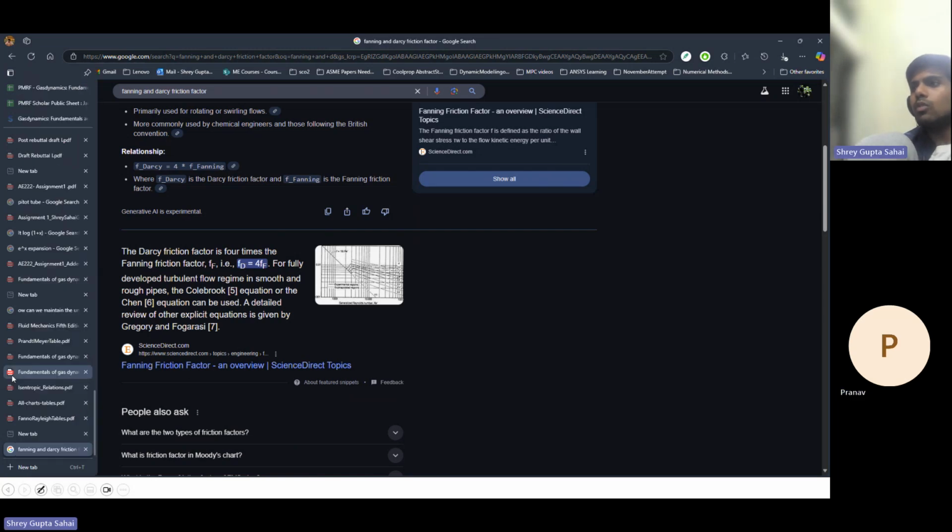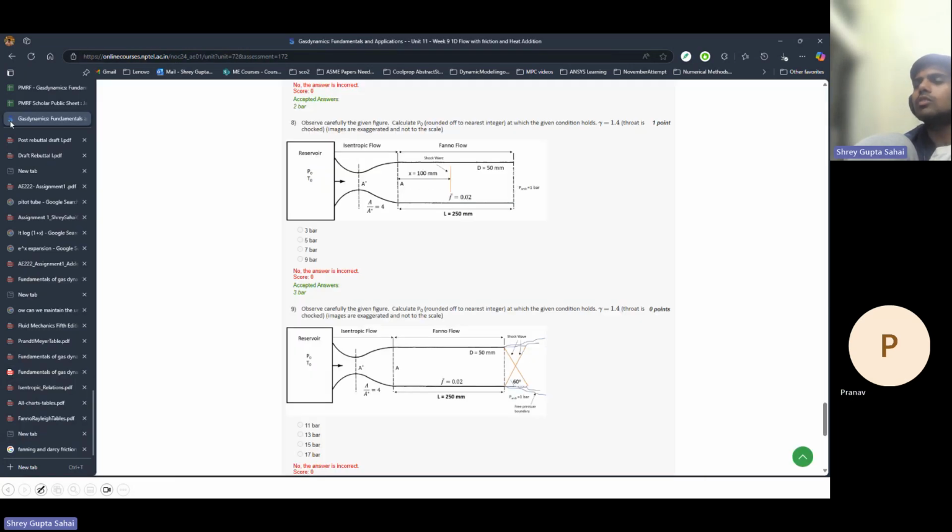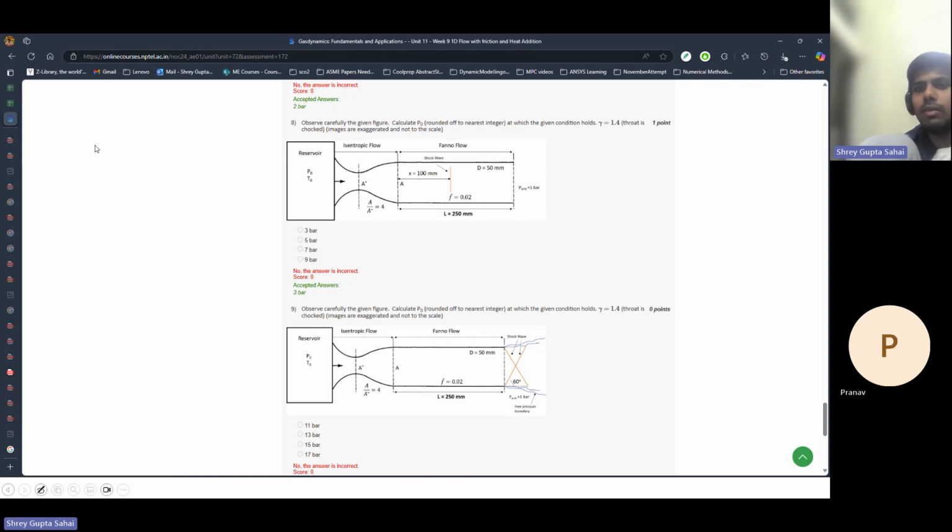Do you have a hard copy or soft copy of the table? I have a soft copy, on another device. The table says it is 4FL star by D. Yeah, but the f is not f bar.